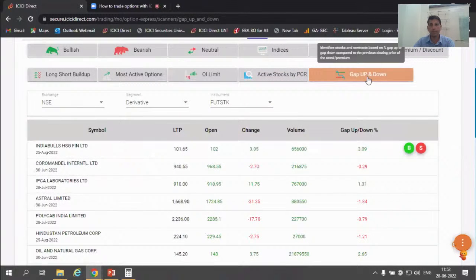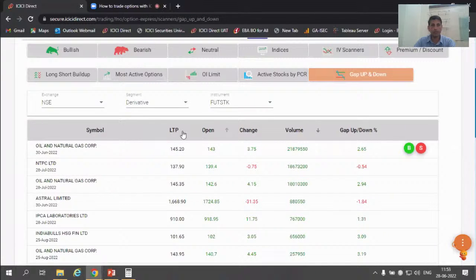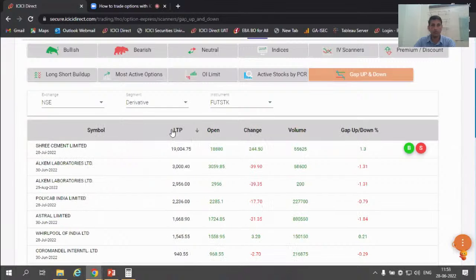Next is gap up and gap down. This is nothing but the information that you will get from the previous close, on which particular stock has actually gapped up or gapped down, and by what percentage and everything. And if you want to trade on this, you can simply filter it based on volume, or based on last traded price.